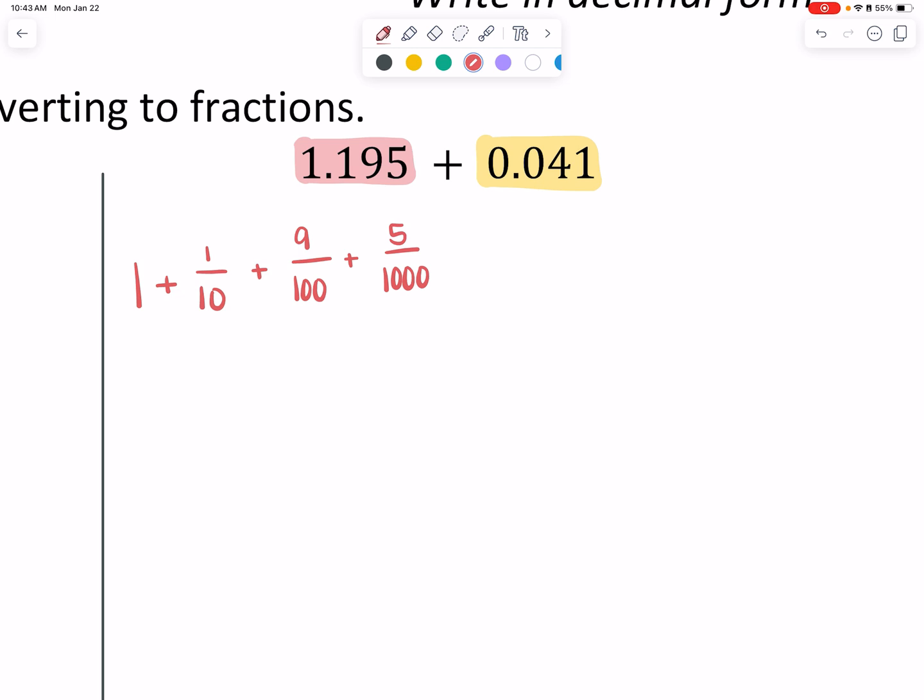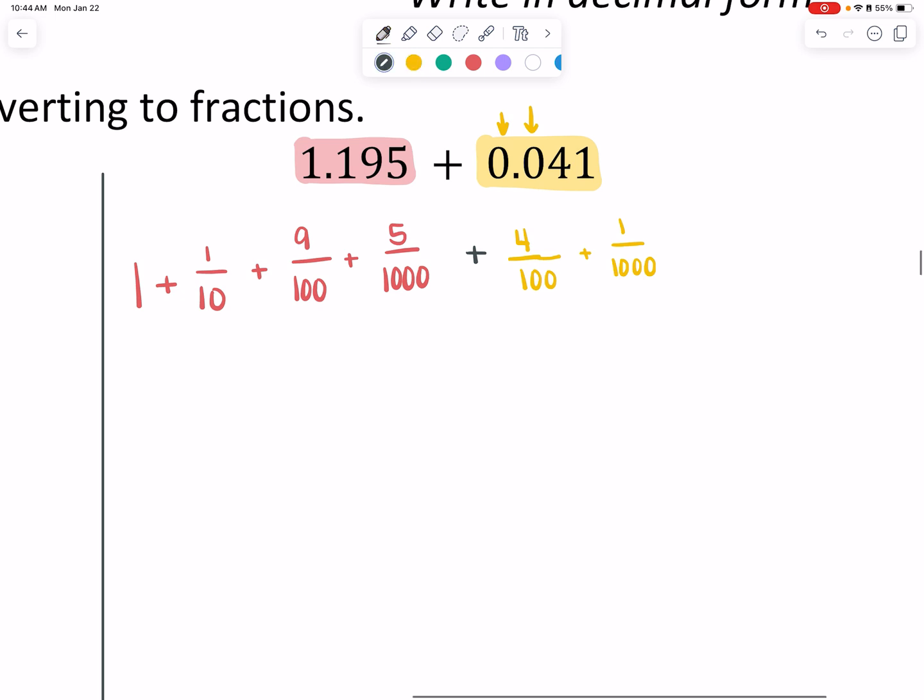Okay, so that's that number written out in expanded form. Plus, this one is interesting because these zeros, I don't need an expanded form. We saw that back in the last section, but still true. So I'm going to start here with 4 in the hundredths spot, plus 1 in the thousandths spot.